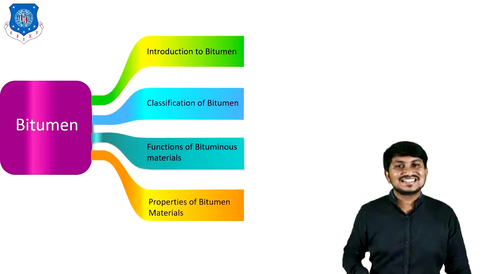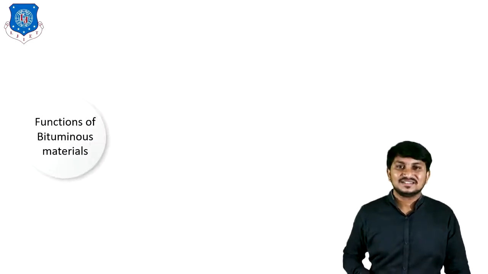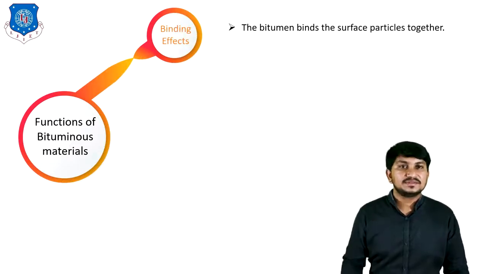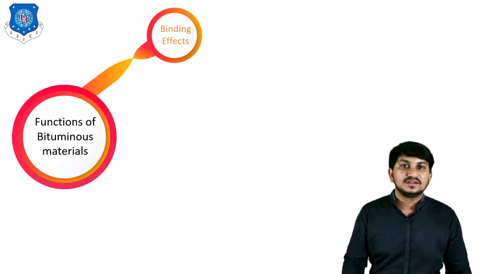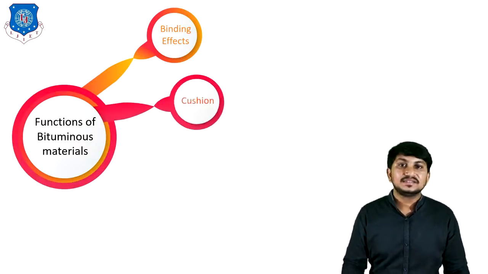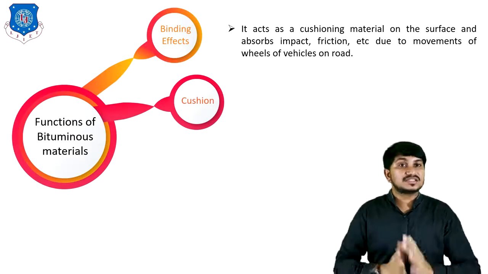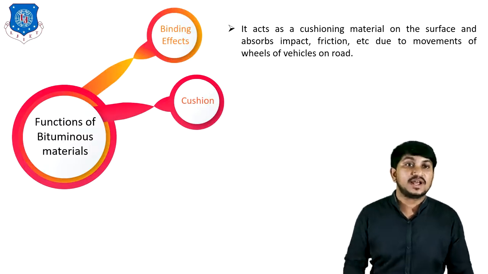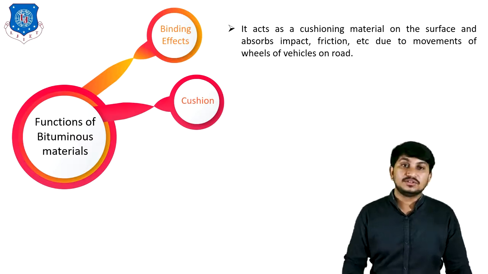Now, let's discuss the function of bituminous materials. First is binding effects. The bitumen binds the surface particles together. Second is cushion. It acts as cushioning material on the surface and absorbs impact, friction, etc. due to movement of wheels or vehicles on the road.